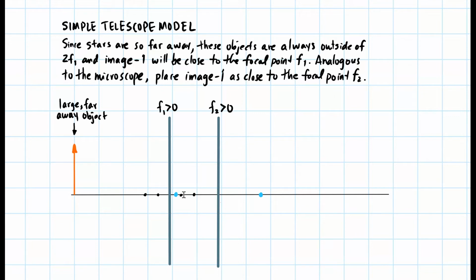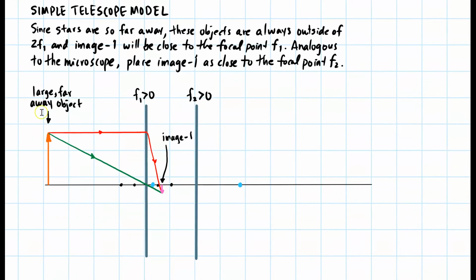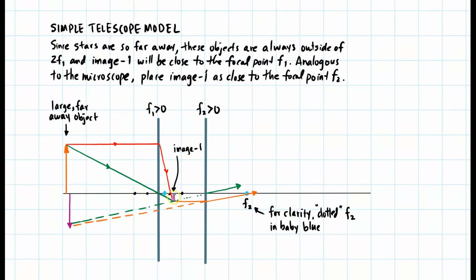Let's do that with the ray diagram. So the image from a far object is then going to be very close to the focal point, as expected. The image of lens 1 is now the object for lens 2, so let's do that. I'm going to draw my ray number 1, which is in orange.